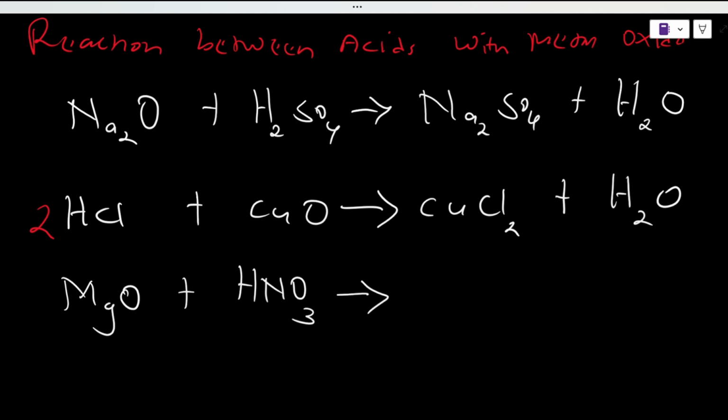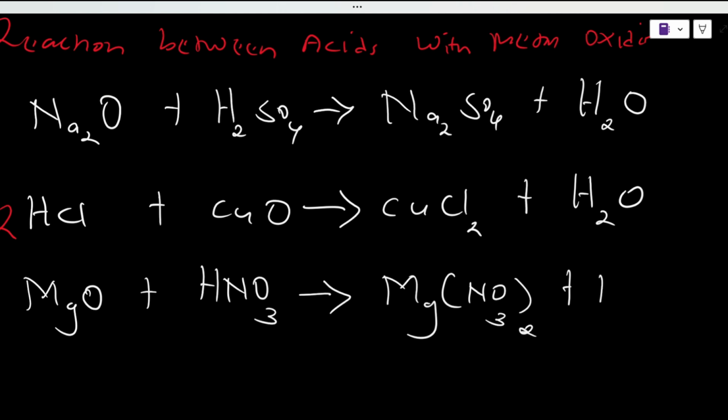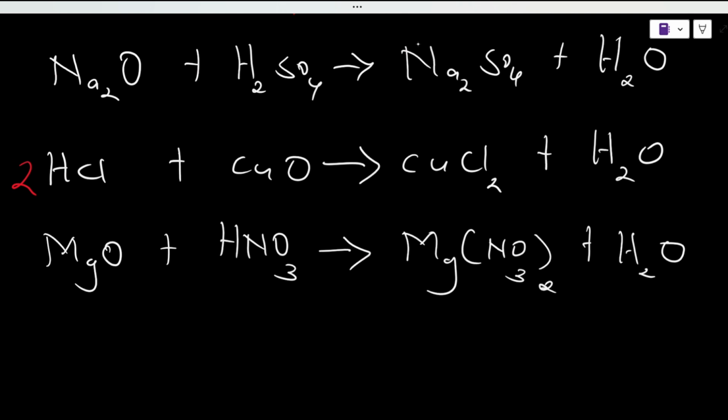I'm going to have magnesium nitrate, Mg(NO3)2, plus water. Now if I decide to balance the equation, it's very easy and simple to balance. Don't need to worry. Let us look at magnesium. Magnesium is 1 on the reactant side. It is 1 on the product side.